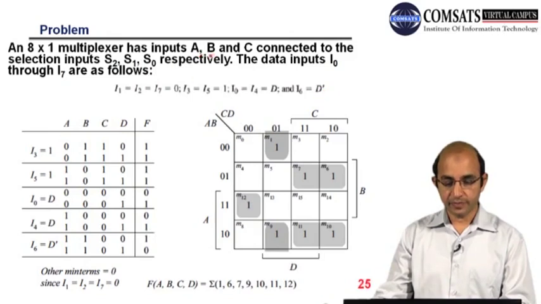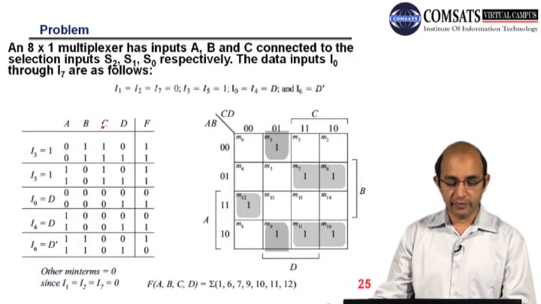So we have 3 different inputs, and you can have an idea. So it means 8 into 1 multiplexer, and we have to introduce another input D. And here you can see that this does not look like a truth table. You can say that this is a function table.